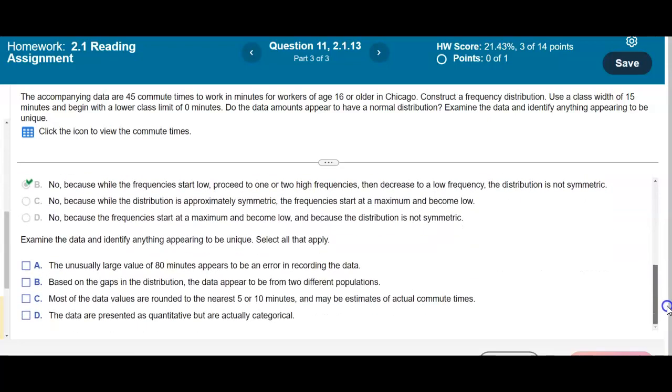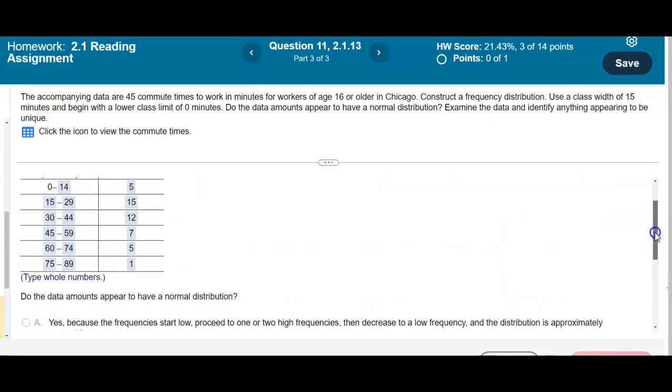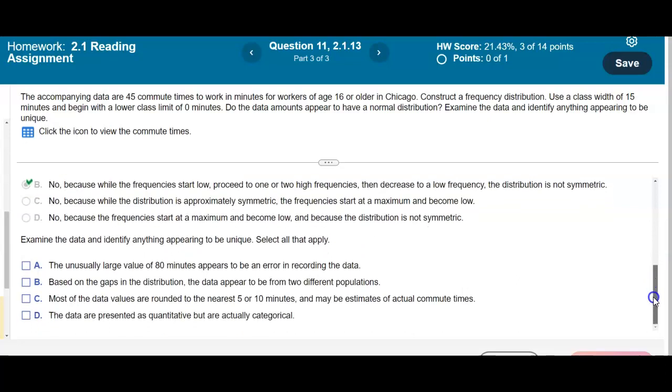Now we want to examine the data and identify anything appearing to be unique, and select all that apply. The unusually large value of 80 minutes appears to be an error in recording the data. Based on the gaps in the distribution, the data appear to be from 2 different populations. There are no gaps there. Most of the data values are rounded to the nearest 5 or 10 minutes and may be estimates of actual commute times.